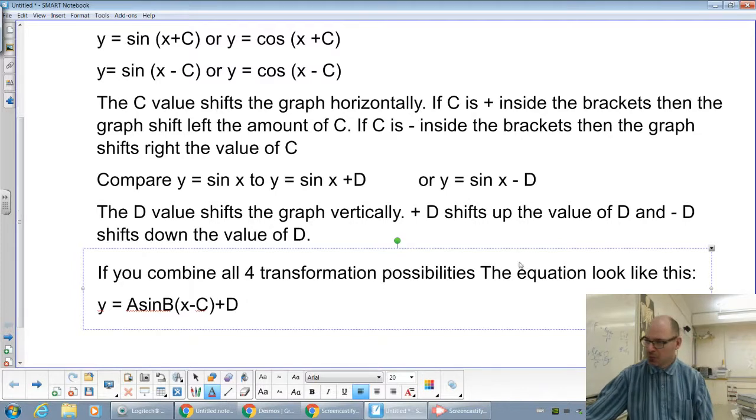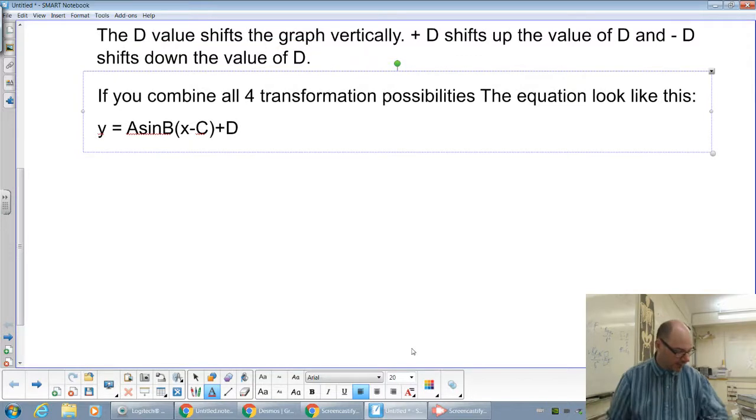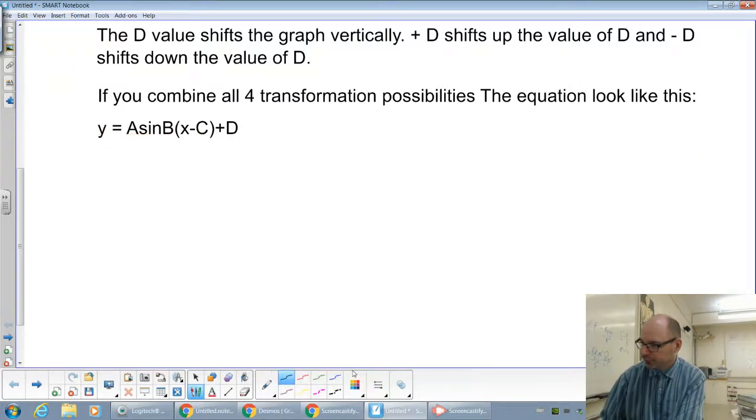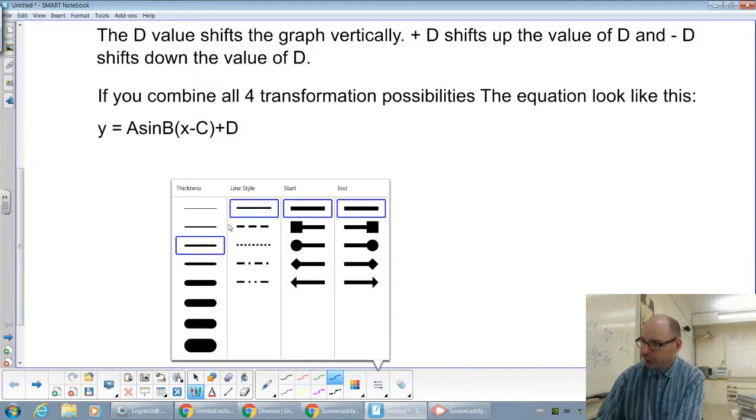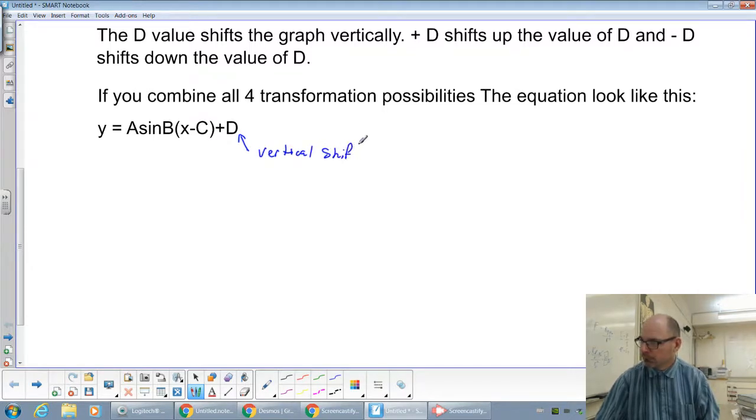Okay, and if we're summarizing that whole thing combined together like that, we know the vertical shift, the horizontal shift, and it's the opposite direction of what's inside the brackets.